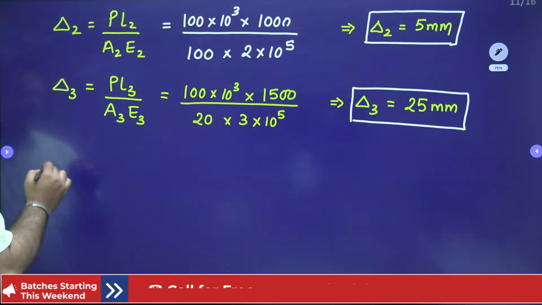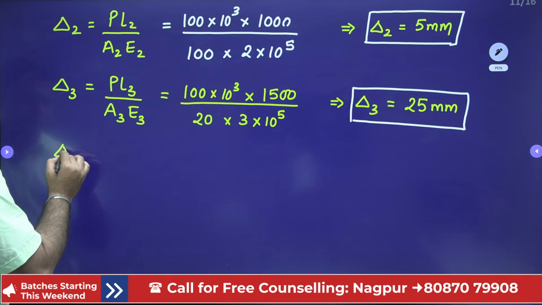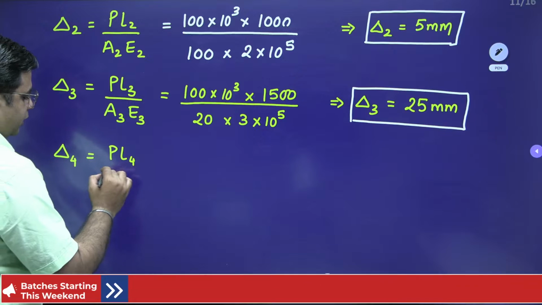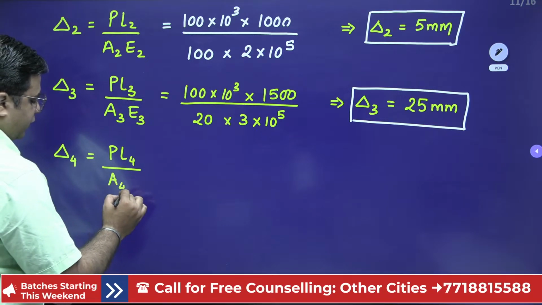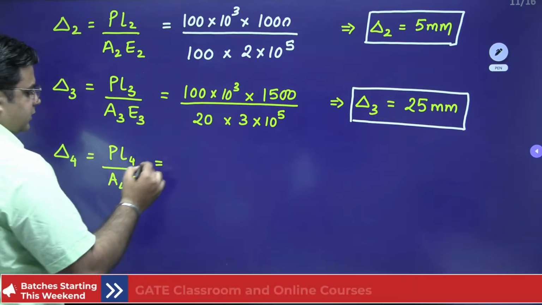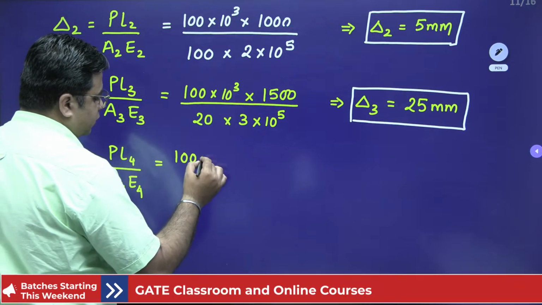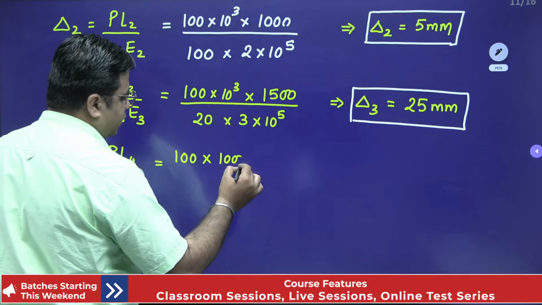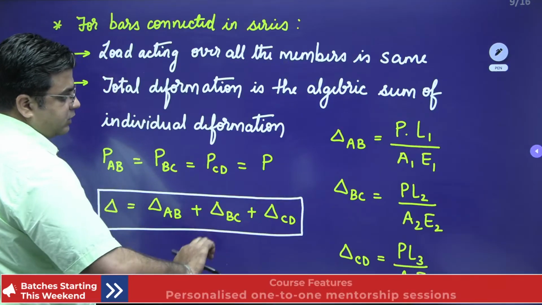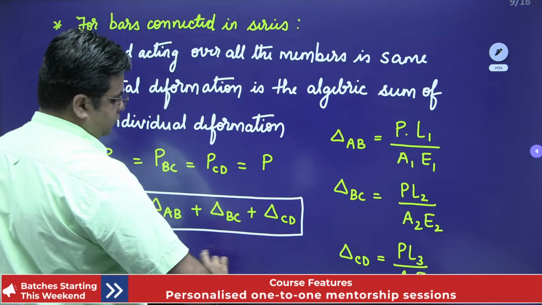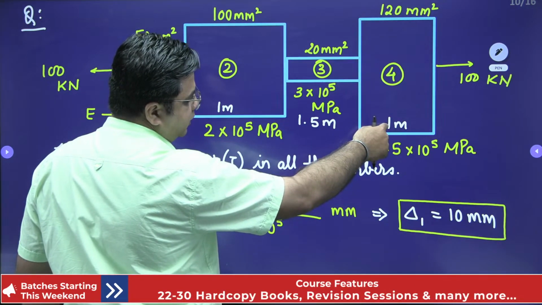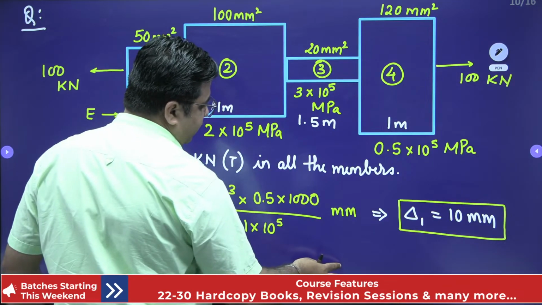Now, moving on to the next, delta 4. Delta 4 is P L4 divided by A4 into E4. P is 100 kilonewton, so 100 into 1000. Your L4 is 1 meter, that is 1000 mm, and your area is 120 mm square.